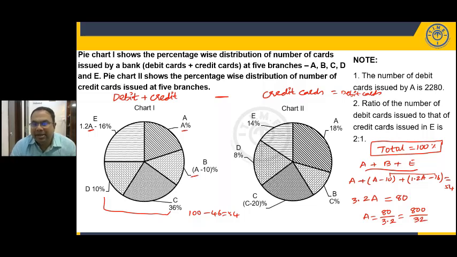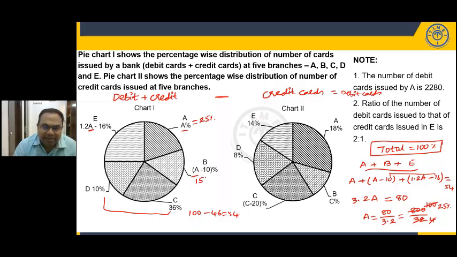This is simple: 800 divided by 32, 4 goes 25 times. So clearly A is 25%.